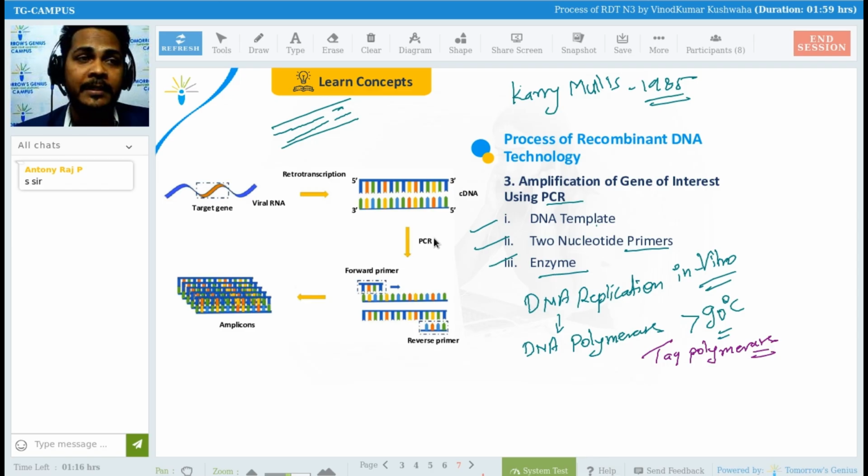The name of that bacterium is Thermus aquaticus. Thermus aquaticus is a kind of bacterium that can survive at high temperature, right? So I'm just writing the name, Thermus aquaticus, over here.